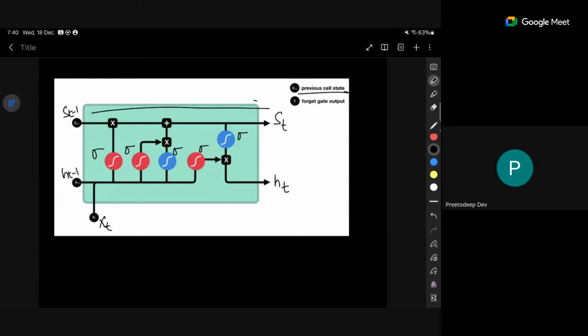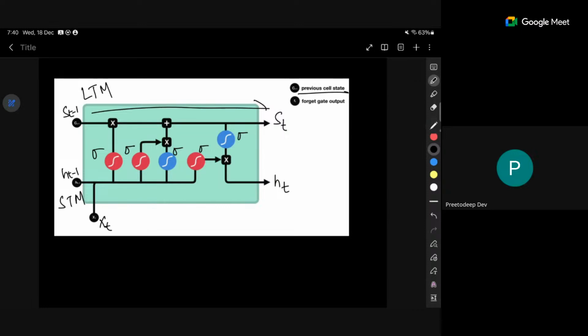This long chain going through here is called long-term memory. You can call ST the long-term memory and HT the short-term memory. That's why the name is long short-term memory, LSTM.